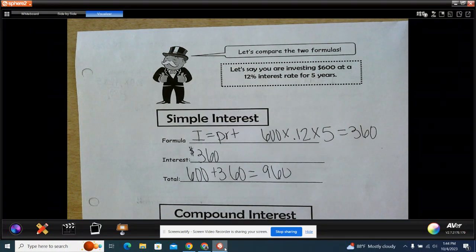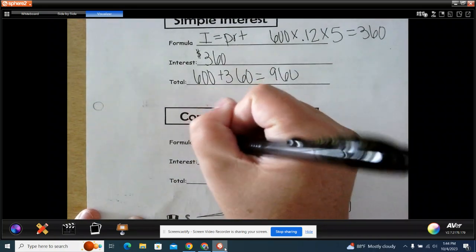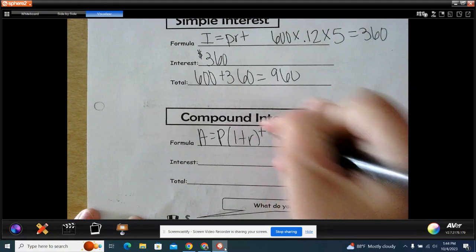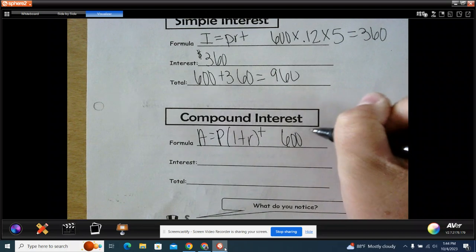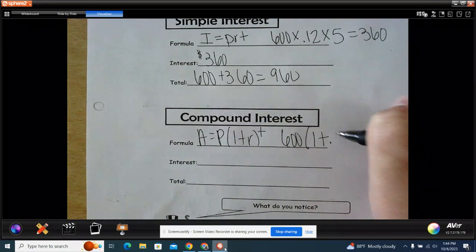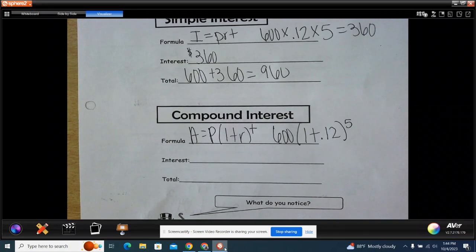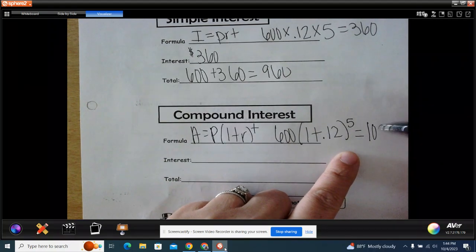All right, so let's look at compound to kind of see the difference between the two. So we're going to use the same numbers. So the formula is A equals P(1 plus R) to the power of T. My principal is $600. 1 plus my rate is 0.12, and then my T is 5. So we'll plug that into our calculator. And this is 1057.41.